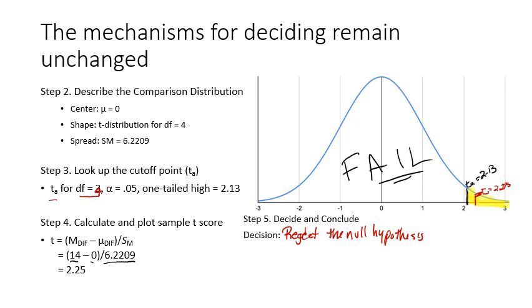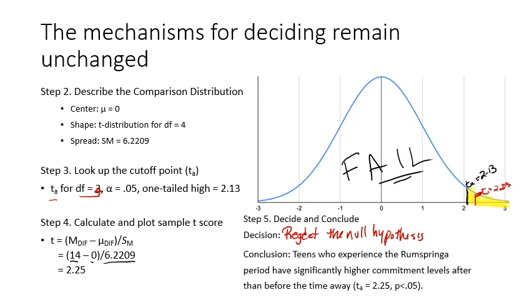And the conclusion you'll find is a little different because it can be awkward to write it in this particular test. So I'm recommending that you try to be as clear as possible in your language. So in this case, I wrote, teens who experience the Rumspringa period have significantly higher commitment levels after than before the time away.